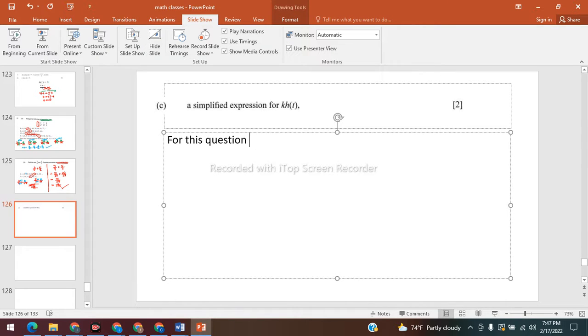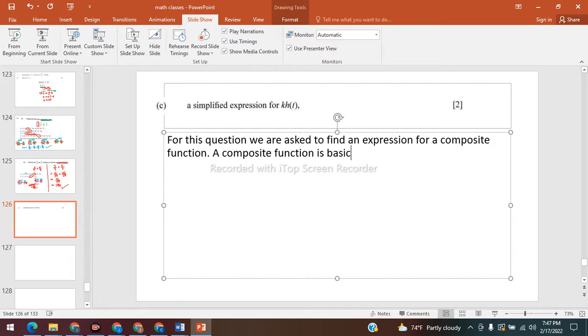For this question, we are asked to find an expression for a composite function. A composite function is basically one function within another function.